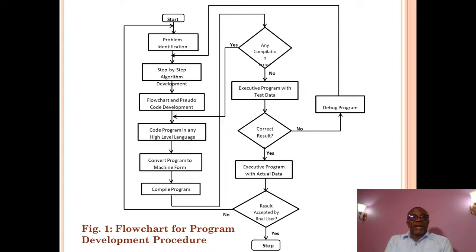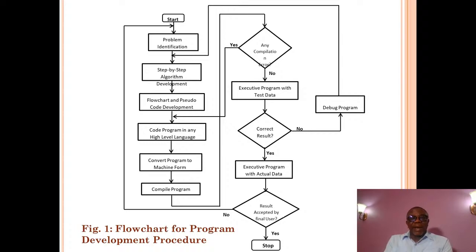Then we go down, prepare the flowchart and pseudocode for the program, which is also a process. We use a rectangle. We go down, code the program in any high-level language, a process. We convert the program to machine form, a process. You compile the program, which is also a process.